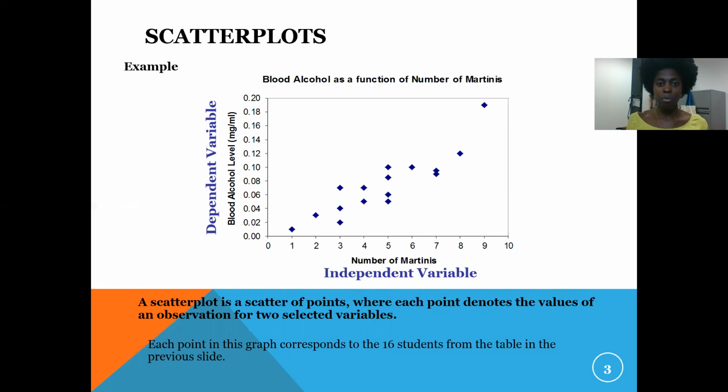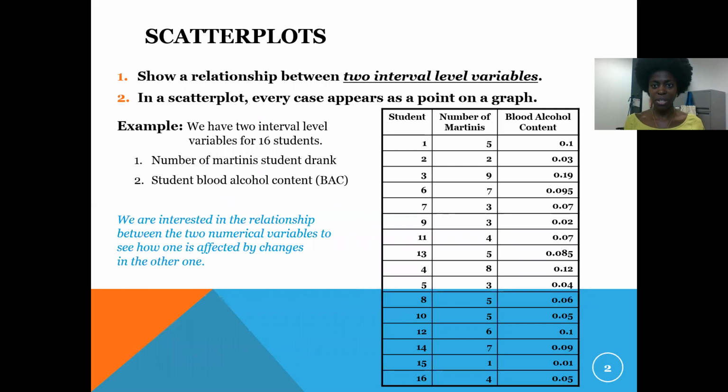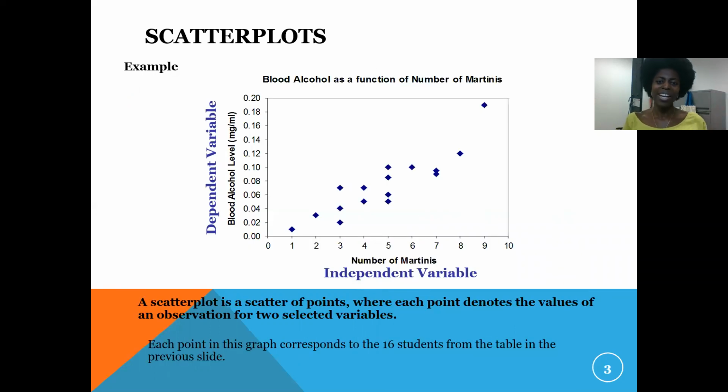So we can see person number 1, who wasn't person number 1 in the previous one, I believe, because they had 5 drinks. I don't remember. Anyways, let's take a look. Person number 1 had 5 drinks. So this x-axis isn't necessarily person number 1 and so on, right? So we can see it's just the number of martinis.